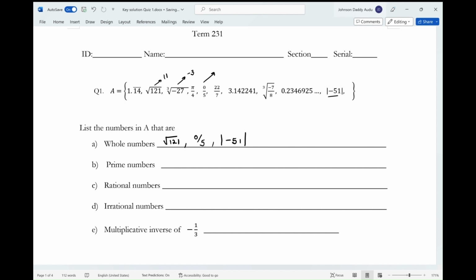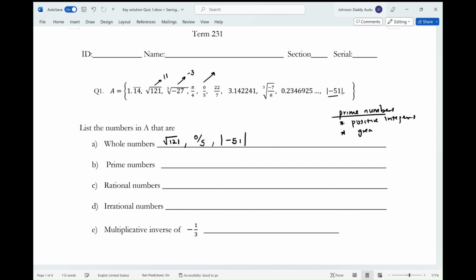Then if we go to the prime numbers, what are prime numbers? Prime numbers are integers, right? When we talk of prime numbers, they must be positive integers. They have to be positive integers and bigger than 1.